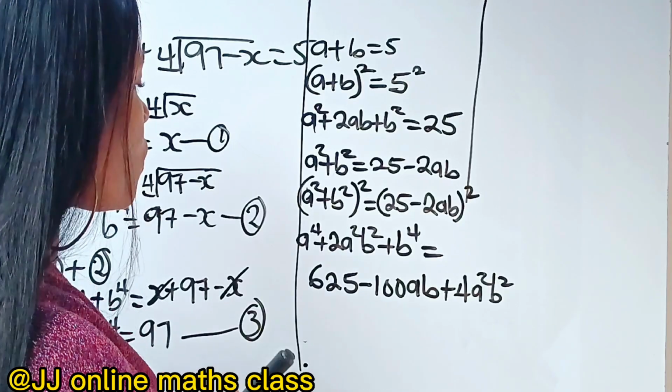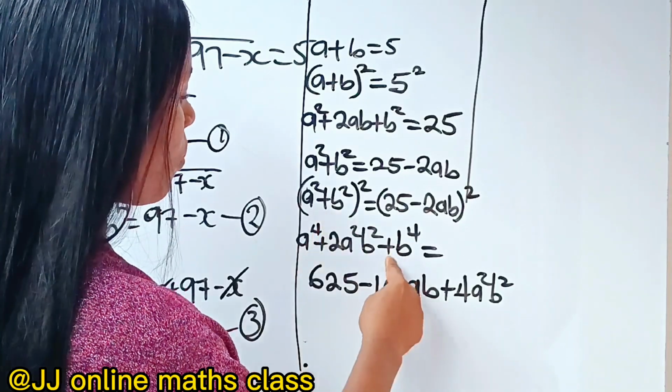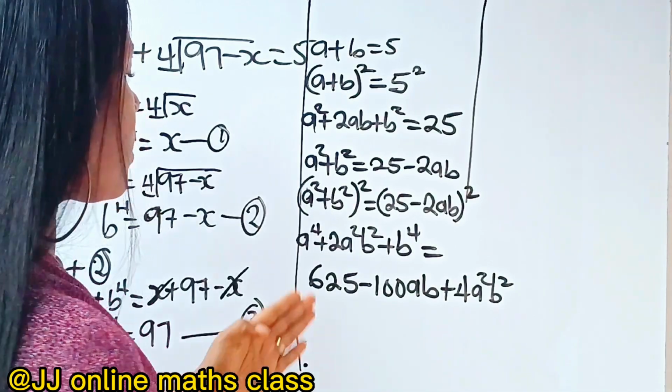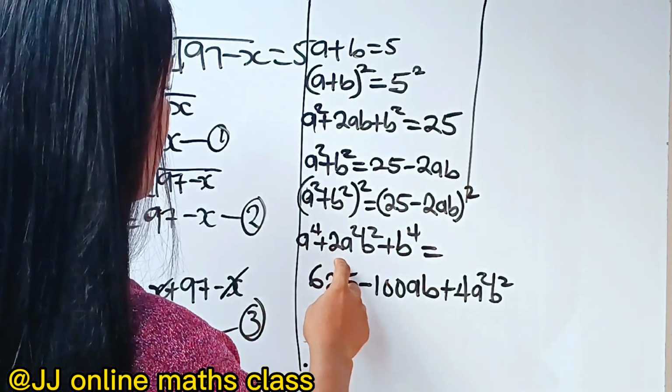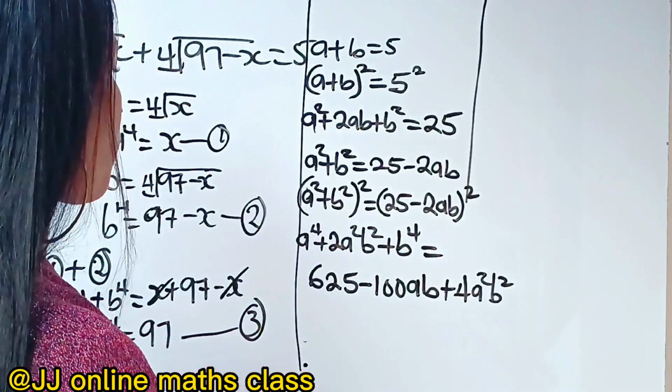All right, so what do we do now? Remember that our target is to get A to the power of 4 plus what? B to the power of 4. So let's go ahead and bring it out and transfer this plus 2A squared B squared to the other side of the equation.